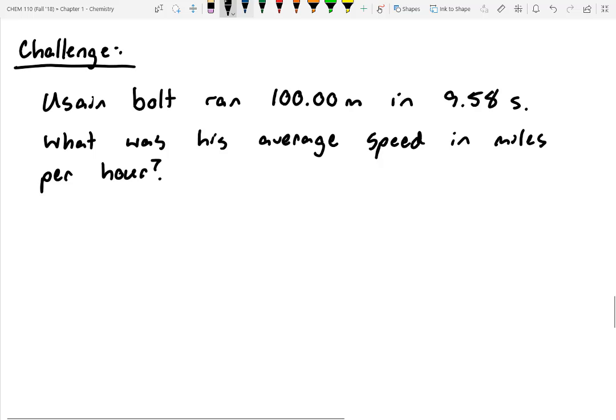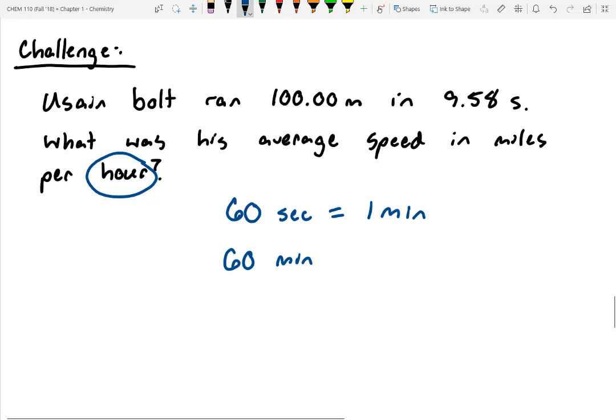All right, and we've got a bunch of unit conversions. So first thing we could do is convert from seconds to hours, because up here we're looking at a unit of hours. So we know that 60 seconds is 1 minute. However, we want to go all the way to hours. So we'll say 60 minutes is 1 hour.